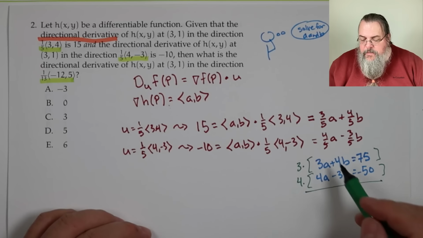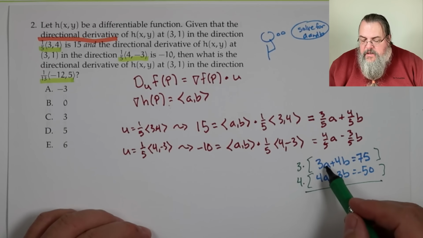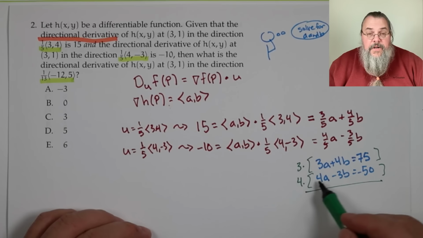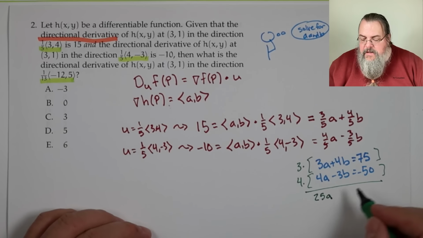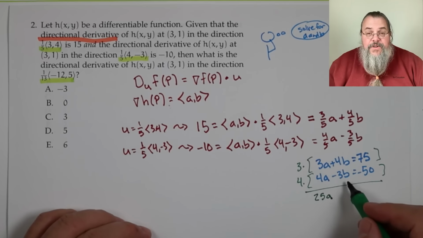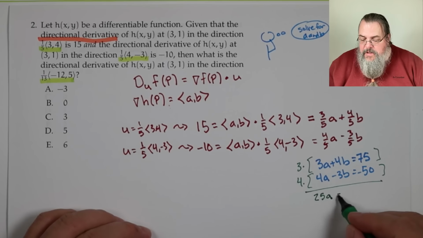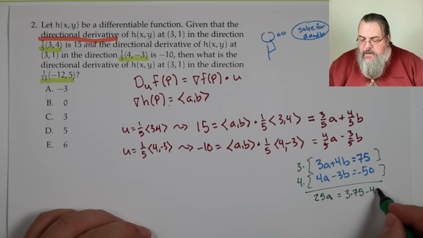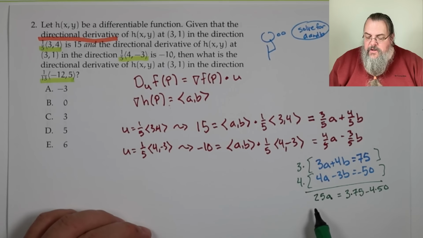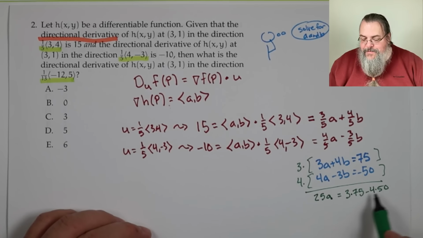If we do that, we'll get 3 times 3a, that's 9a, and 4 times 4a, that's 16a. So together that makes 25a. The 12b and minus 12b cancel. And then we get 3 times 75 minus 4 times 50. Everything has a factor of 25, so we'll divide everything by 25.